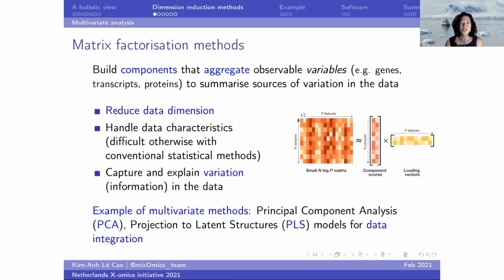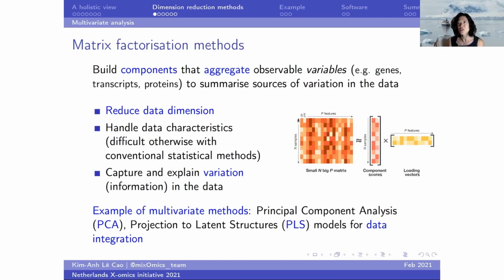So matrix factorization techniques here, I'm just going to give you a brief introduction. What they're trying to do is build artificial variables that we call components. Those components aggregate the original variables, for example, the genes or the gene expression or the transcript or the protein abundance. And those components are built so that they summarize the information from the data.